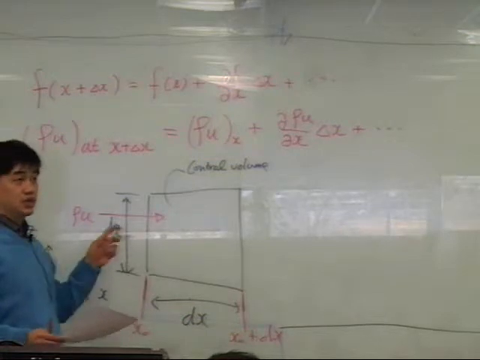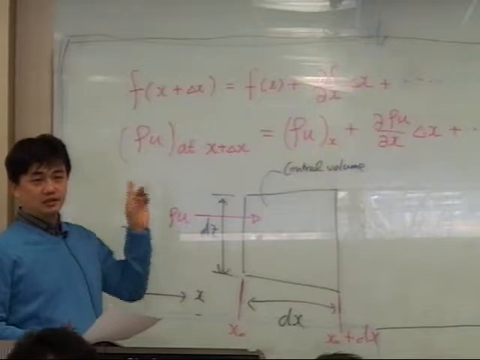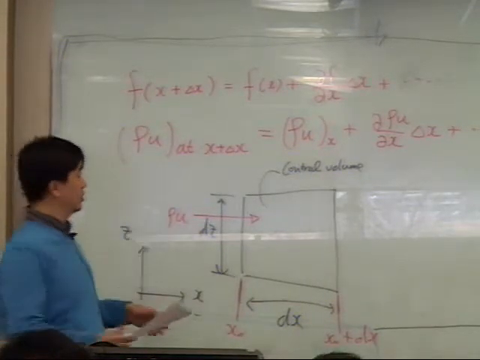Dx and dy mean infinitesimally small length. Okay, this control volume is very, very small.